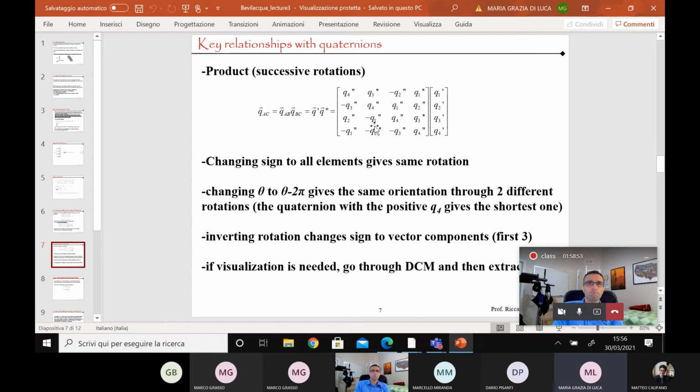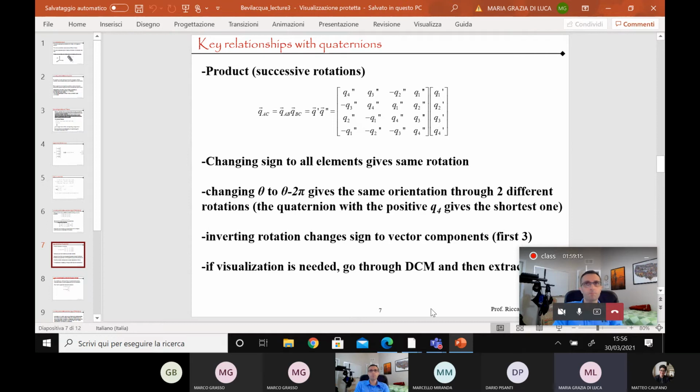Yes. Okay, so the matrix will be written with the desired quaternion because it is on the right. So the matrix has the desired quaternion, and the vector is the quaternion of the spacecraft. Yes. Okay, because I was not sure about that.